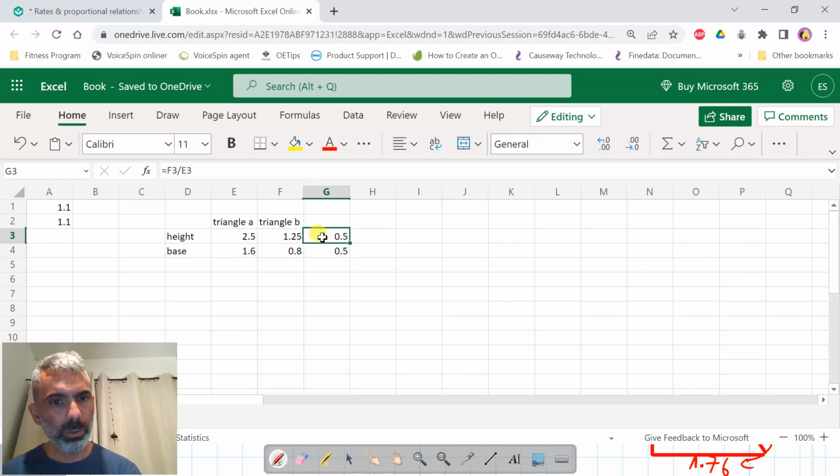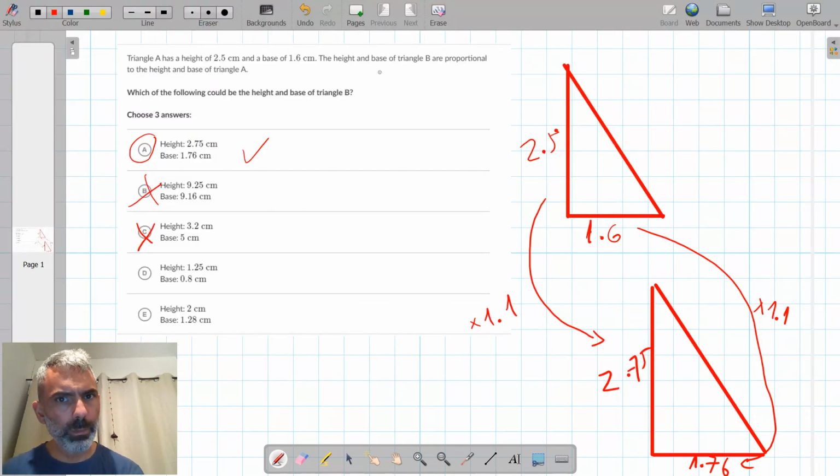So the scale factor is half, 0.5, 1/2. So to go from triangle A to triangle B, we shrink the height by half and also the base by half. So it's proportional. The height and base of triangle B are proportional to the height and base of triangle A. Okay, so D is also correct.